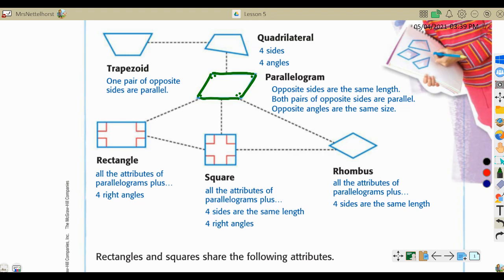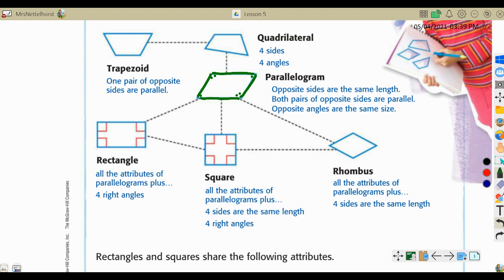so a parallelogram is a shape on its own. Like this is one where this is not a rhombus because all the sides aren't the same length. Okay, so you have a parallelogram, and you also have rectangles, squares, and rhombuses, but rhombuses, squares, and rectangles are also parallelograms, but parallelograms are not necessarily rectangles, squares, or rhombuses.